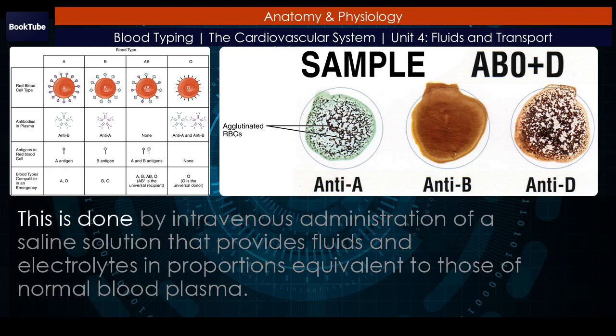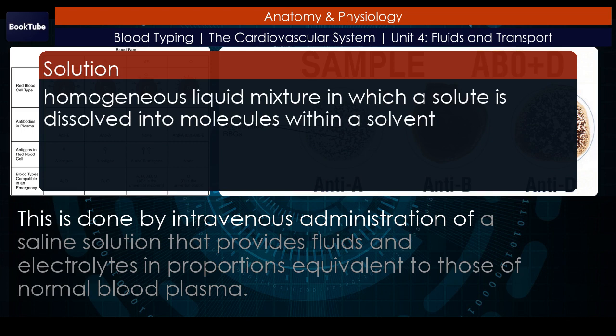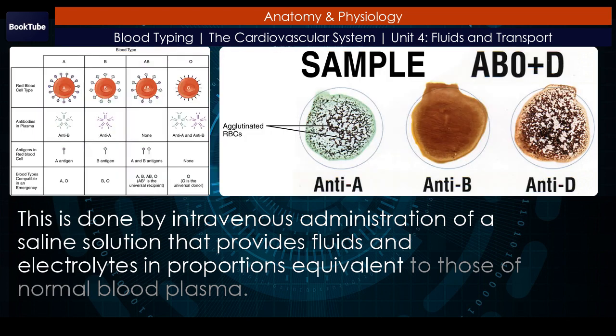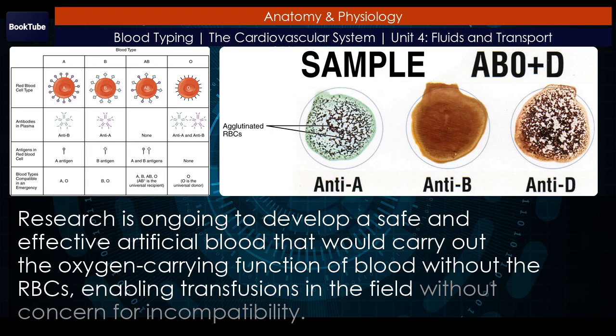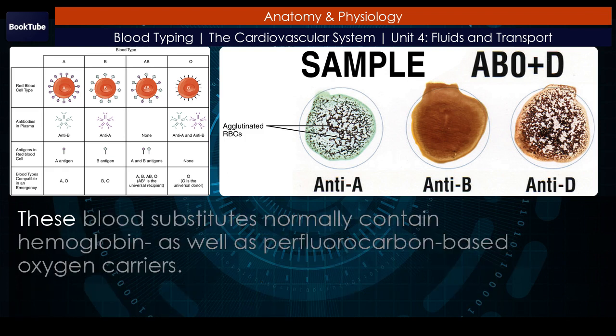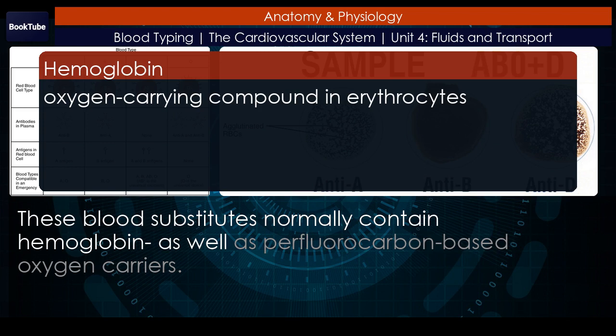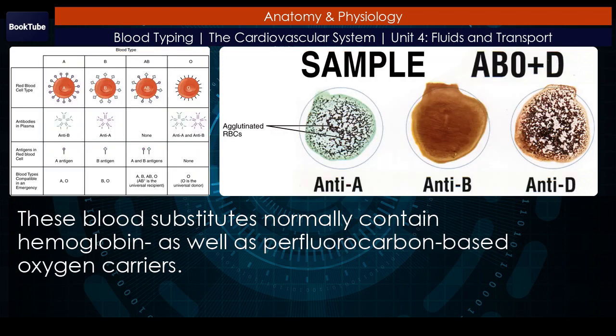This is done by intravenous administration of a saline solution that provides fluids and electrolytes in proportions equivalent to those of normal blood plasma. Research is ongoing to develop a safe and effective artificial blood that would carry out the oxygen-carrying function of blood without the RBCs, enabling transfusions in the field without concern for incompatibility. These blood substitutes normally contain hemoglobin as well as perfluorocarbon-based oxygen carriers.